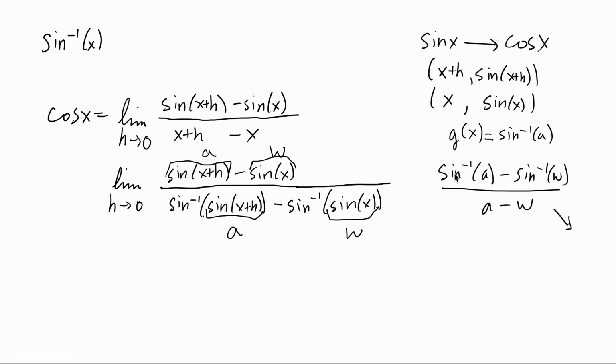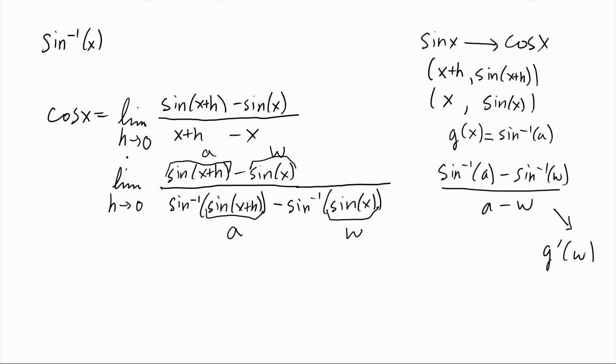So this part really behaves as a is going to w, which gives you the slope of the inverse function, sine inverse of x, right at the point w. The input into that, so this is g prime of w, plugging w into the derivative of sine inverse.